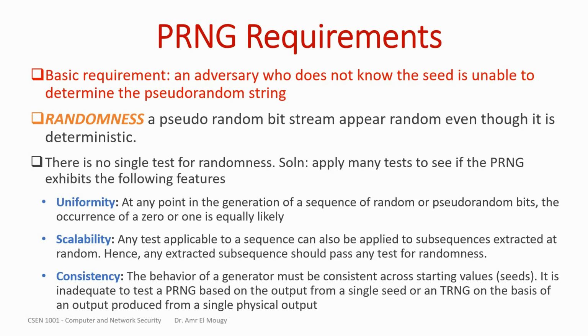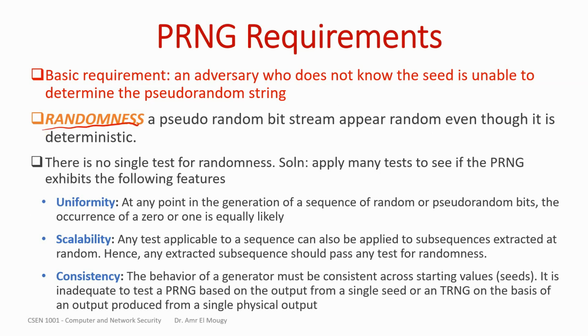The only way you would be able to reproduce this sequence of bits is if you have the seed. So if the adversary doesn't know the seed, they should not be able to reproduce the string, meaning that the string has to actually be unpredictable. You cannot actually produce parts of this sequence of bits just by observing the produced bits.